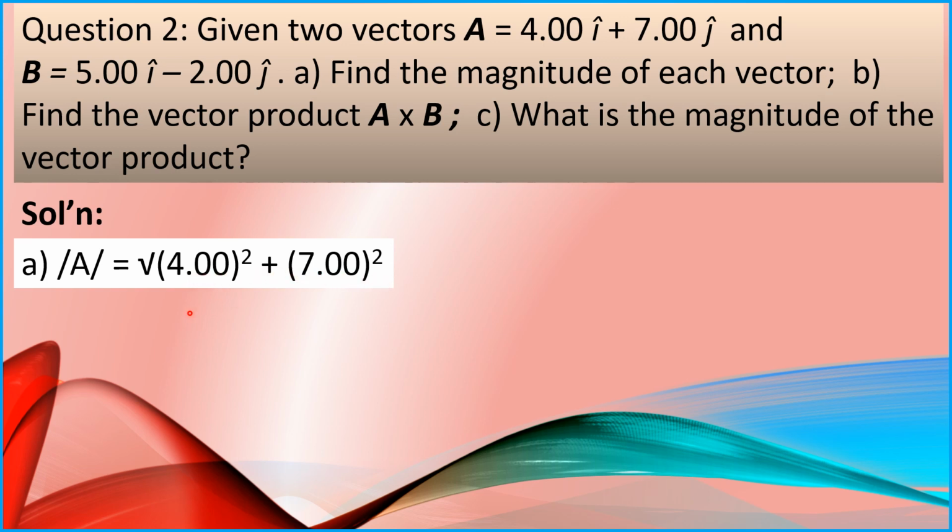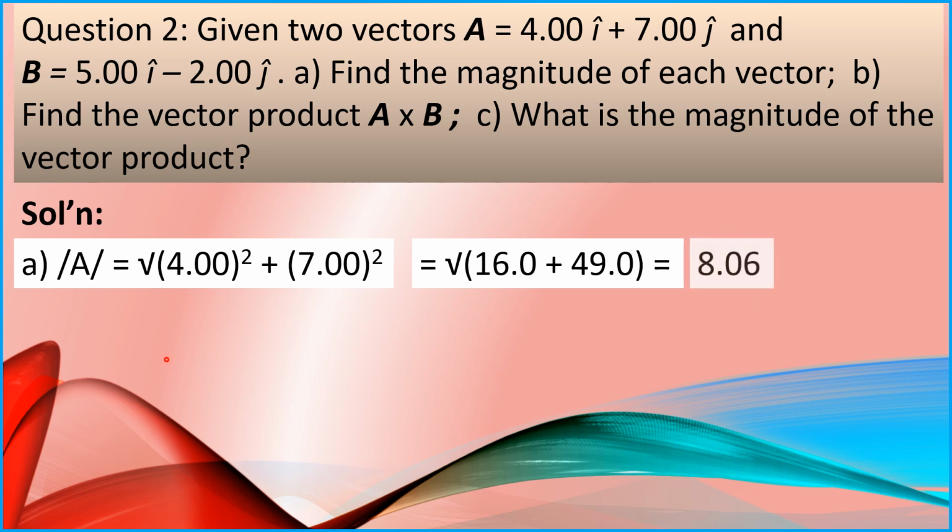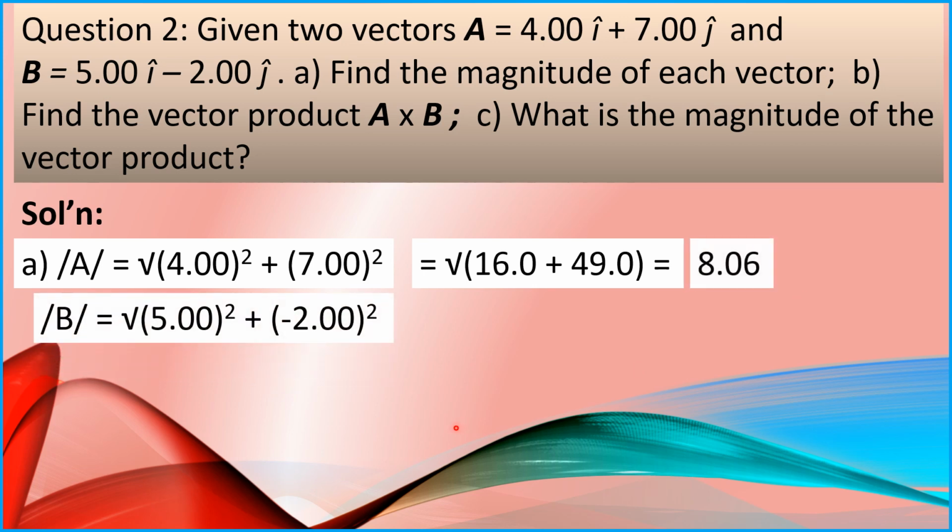That is the square root of 4.00 squared plus the square of the y component, 7.00, right? Doing your math, we will get as the magnitude of vector A, 8.06 units. Similarly, for vector B, the same formula applies.